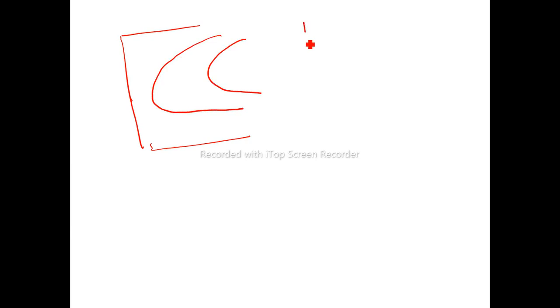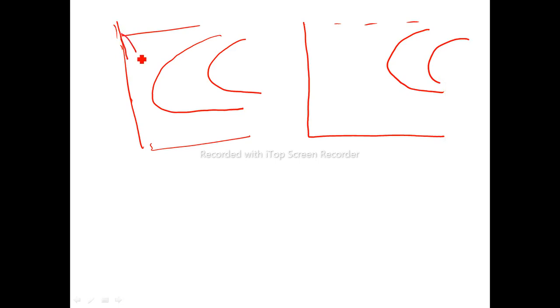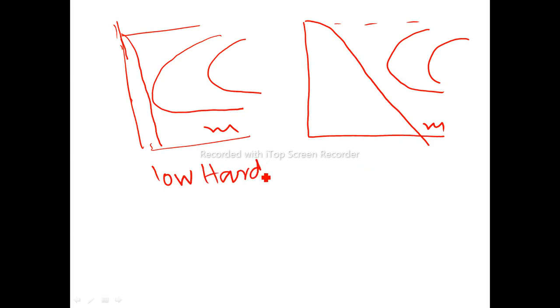So, the TTT diagram. Here the martensitic structure that is forming has low hardenability, and here it has high hardenability.